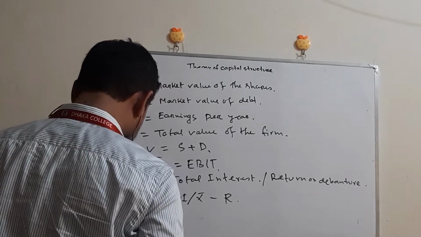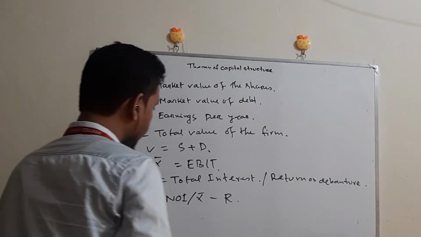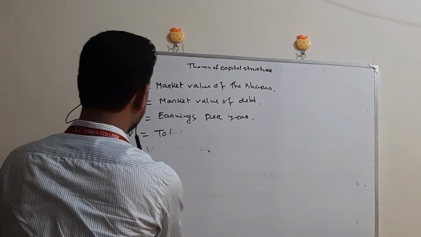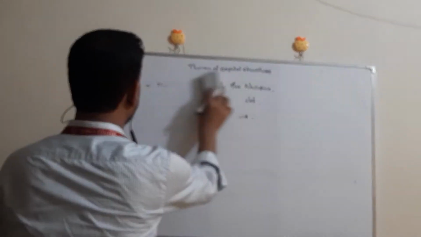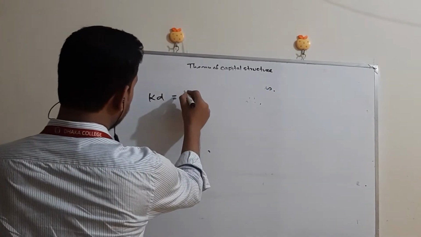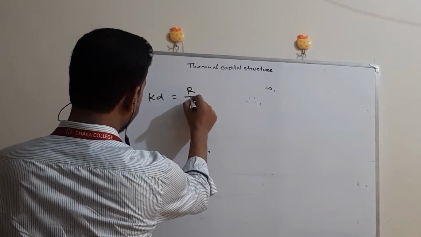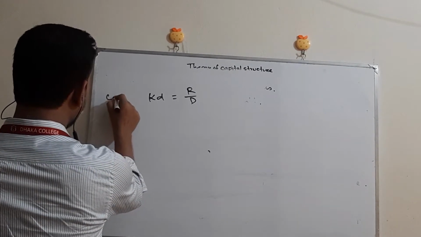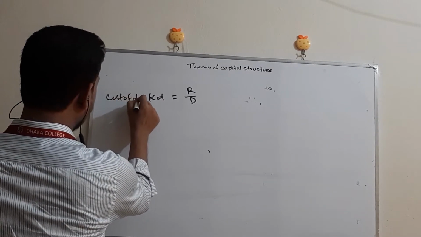Okay. So here the cost of debt, KD, equals R by D. It is the cost of debt.